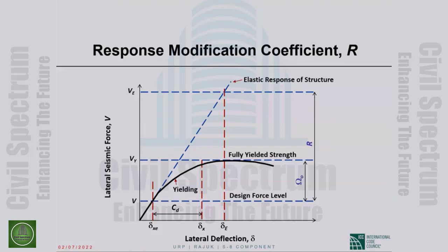The two things we talked about, R and C sub D, are at the system level for the whole structure. Omega sub 0, no matter what you see or read, even codes are sometimes kind of sloppy that way, omega sub 0 we use at the member level.